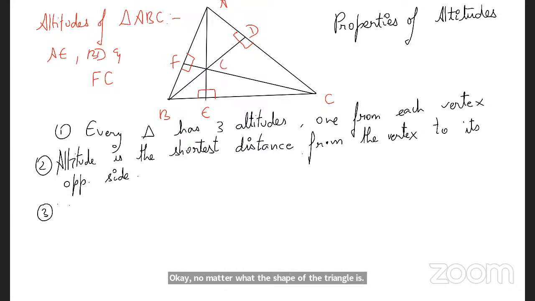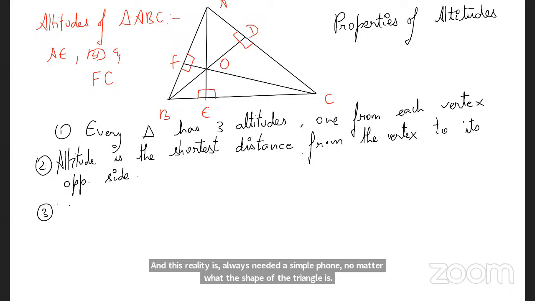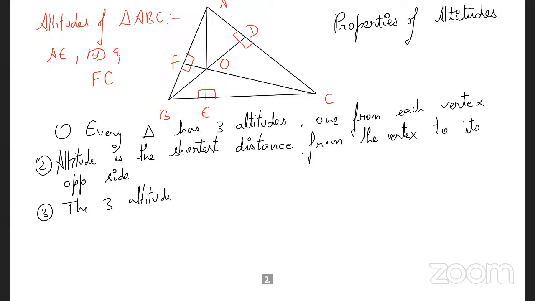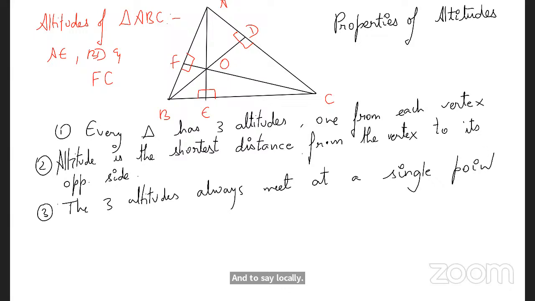Like this point where they're meeting, let's name it point O. The three altitudes always meet at a single point, no matter what the shape of the triangle is.